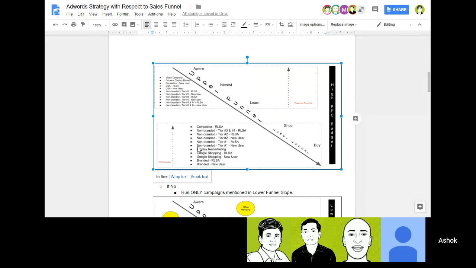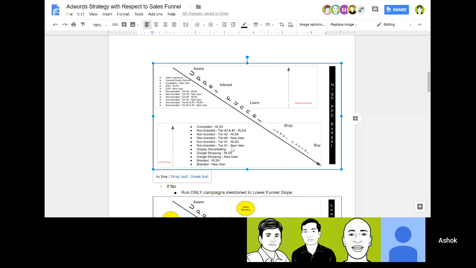That is, we are specifically targeting buy stage audience. So we would pick up long tail keywords, specific keywords either having product names in them, or brand or merchandise names, or specific part numbers. Those kinds of keywords come up here under non-branded tier 1.